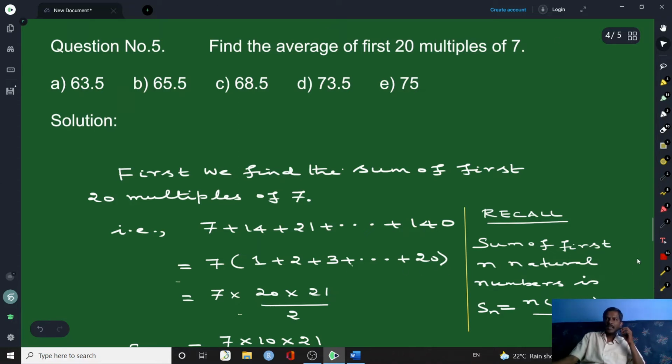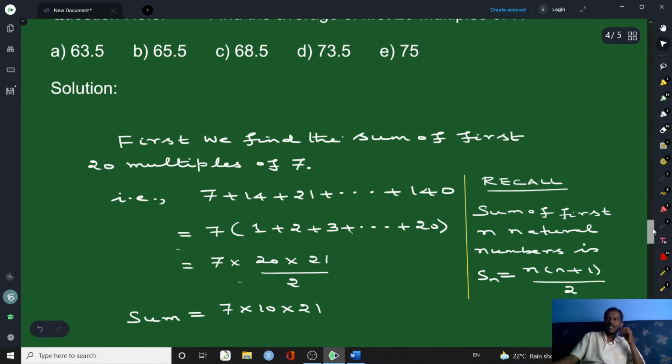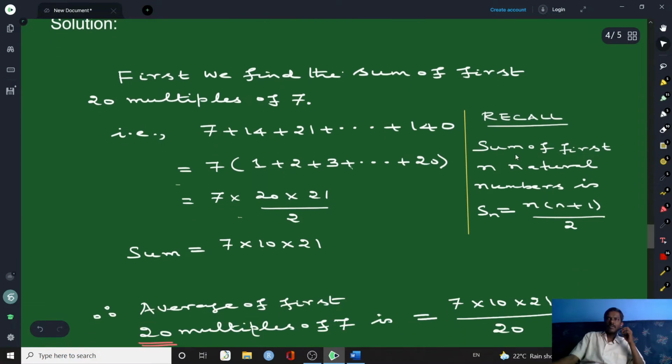Recall that the sum of first n natural numbers is Sn equal to n into n plus 1 by 2. Now we have 20 in place of n, so 20 into 21 by 2. You can make use of this formula to find this sum.